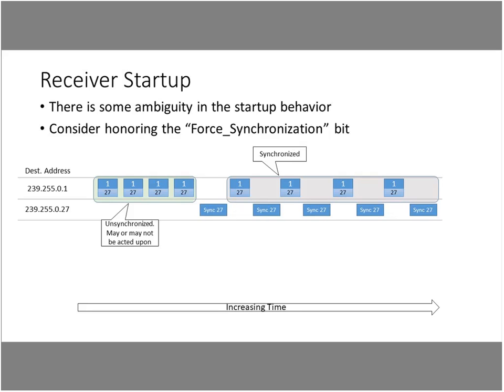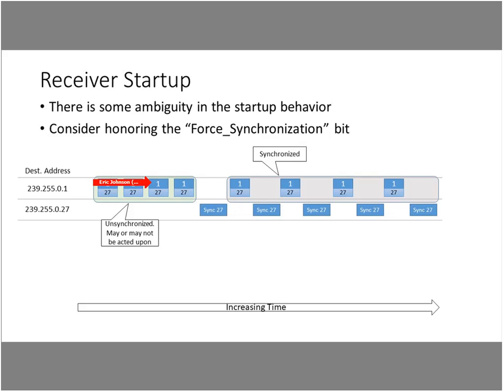So a good practice you might consider is, when you first come up and you support sync and you see that there is a sync address in the data packet, that you might wait until the next data packet comes along, or the third data packet comes along, and if you haven't seen a sync packet before, you just start freewheeling.